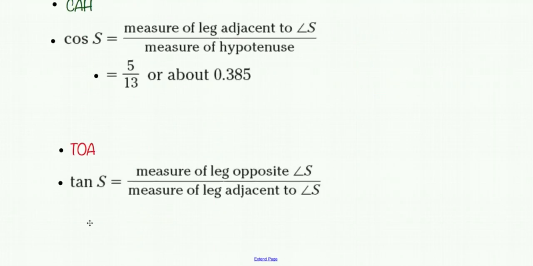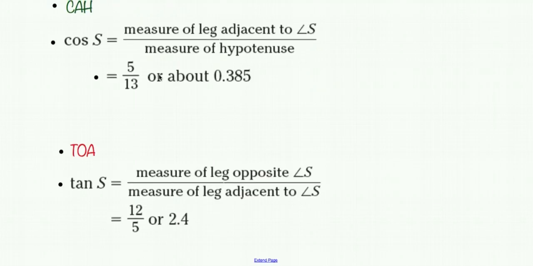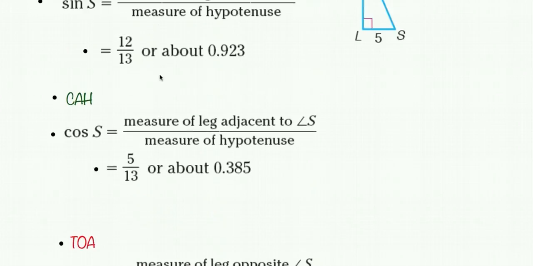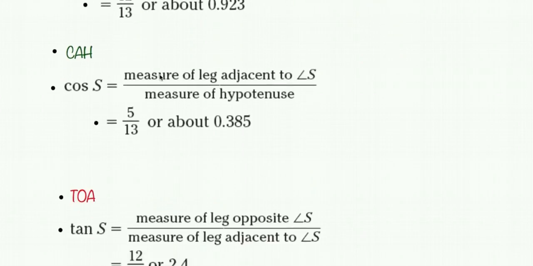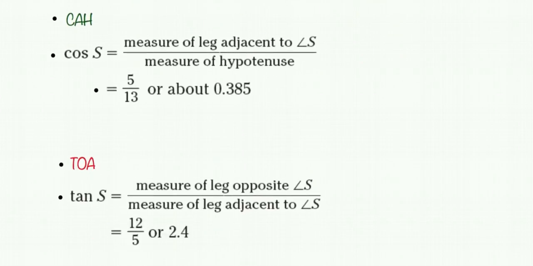So tangent S is 12 over 5, or 2.4. And that is how you find your 3 trigonometric ratios using SOHCAHTOA.